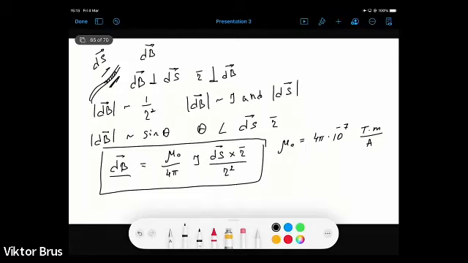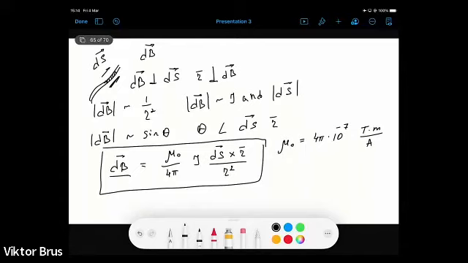And obviously, if we are talking not about some small length element and are interested in determining the net magnetic field vector created by a conductor of random shape with its edges at points A and B, then we obviously need to integrate and sum up the contribution of small magnetic field vectors, which are created at a given point of space around this conductor by each small segment, like length element of this conductor.